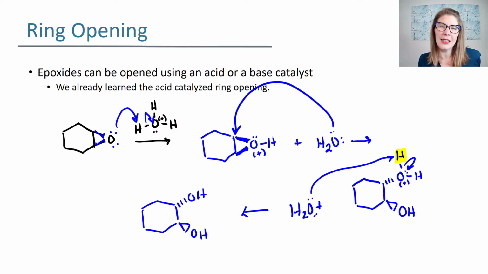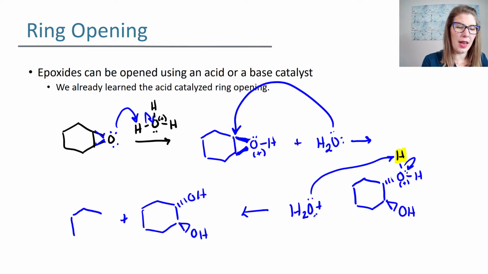Right, so you'll get anti-addition of the two OHs across the pi bond when you start with step 1, MCPBA, and step 2, the acid catalyst. Don't forget about enantiomers here. You could also form the enantiomer of this compound and end up with that racemic mixture.